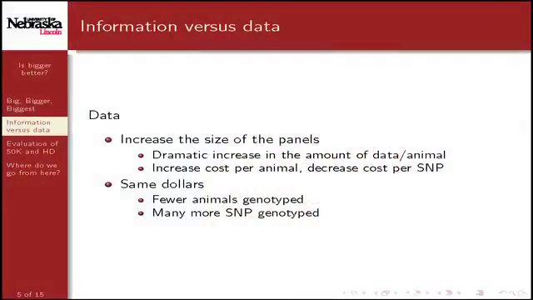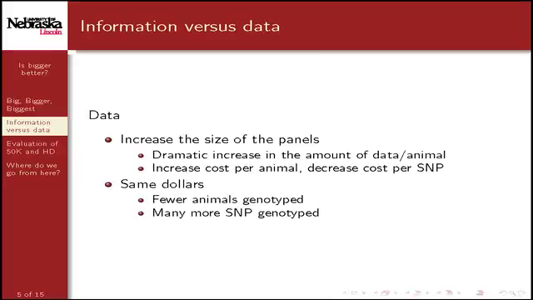But even though there's an increased cost per animal, there's a decreased cost per SNP genotype. We get 15 times the data for twice the cost. That's roughly a 7-fold decrease in the cost we're paying for each of those SNP genotypes. So if we're talking about spending the same amount of dollars, the question of whether we use 50K or the high density is a trade-off.